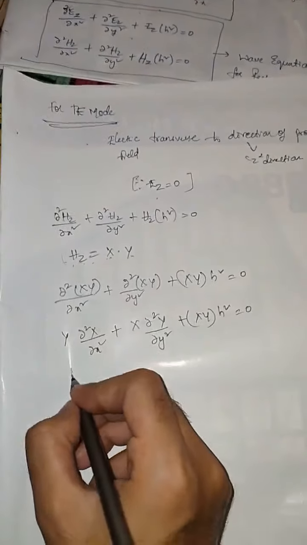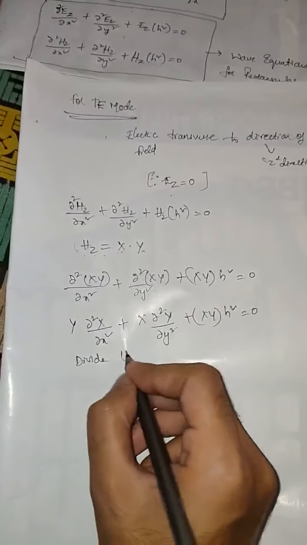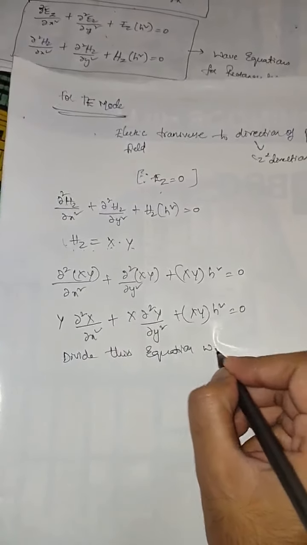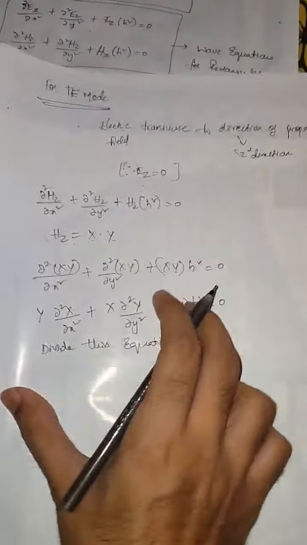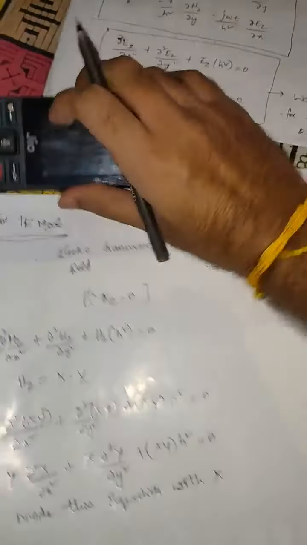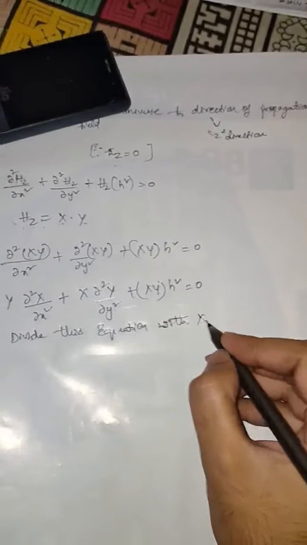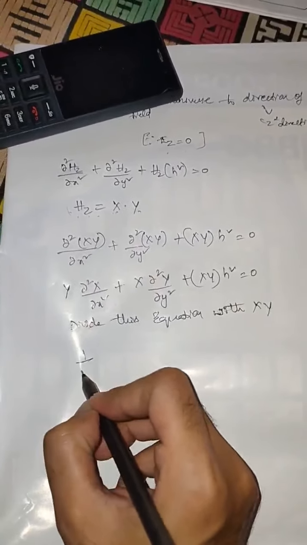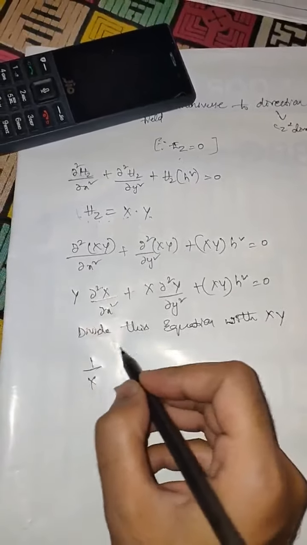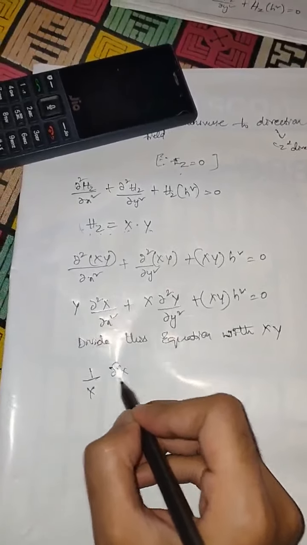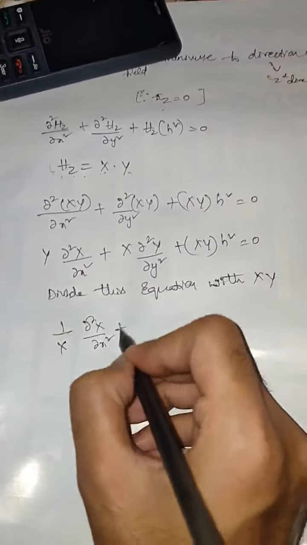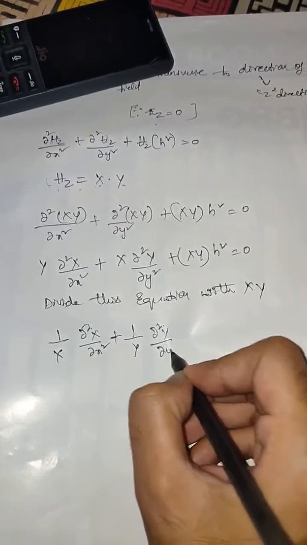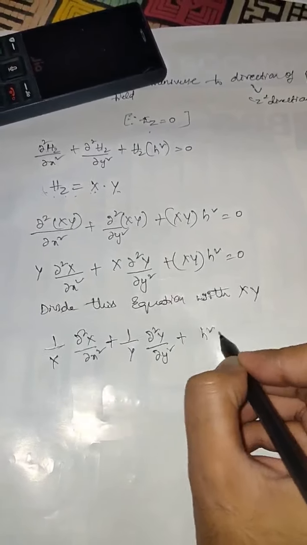Now divide this equation by XY. You'll get 1 by X dou square X by dou x square, similarly 1 by Y dou square Y by dou y square, plus h square is equal to 0.